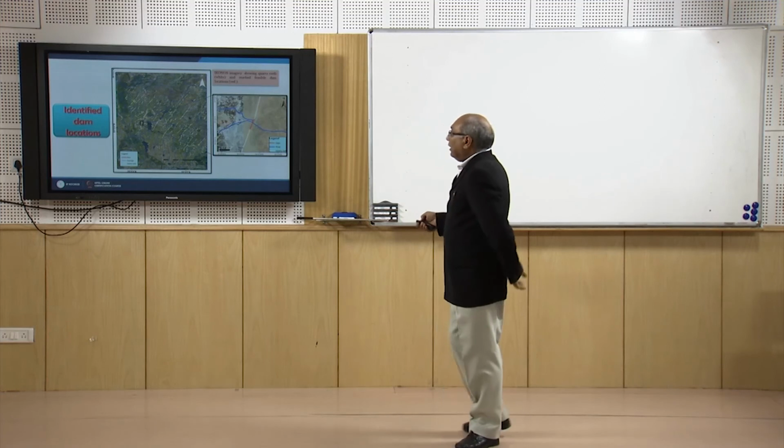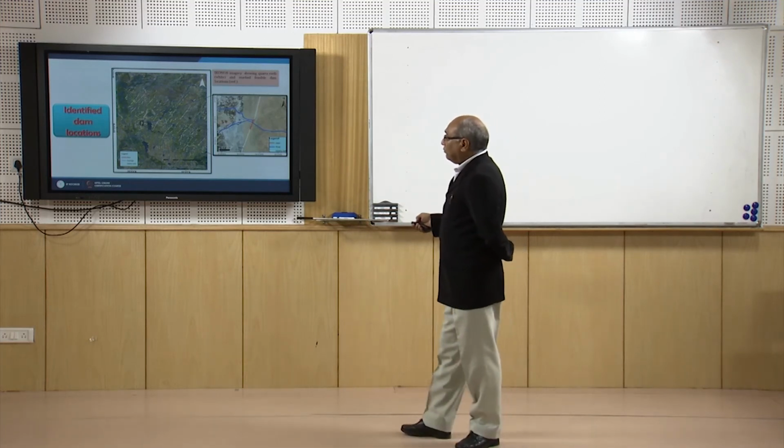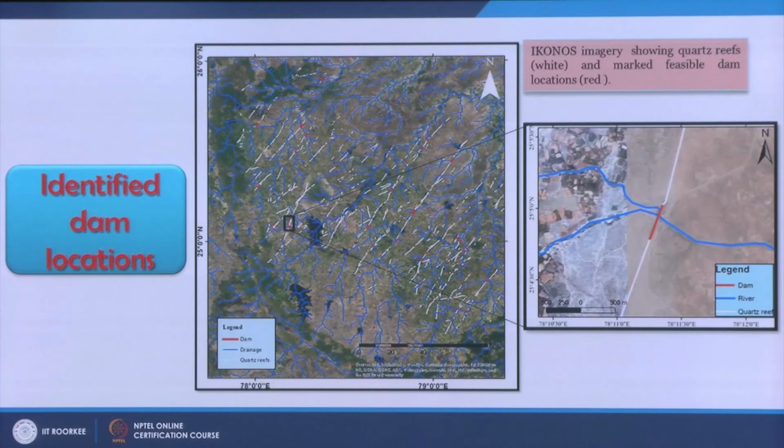Similarly, one more example I am showing is from the Bundelkhand region, where there are a lot of quartz reefs. While studying such images or making interpretations of images, we can even identify a location for a future dam, because we know that there are quartz reefs, a natural kind of dam, and there is no blocking of a drainage line or riverlet going through these quartz reefs.